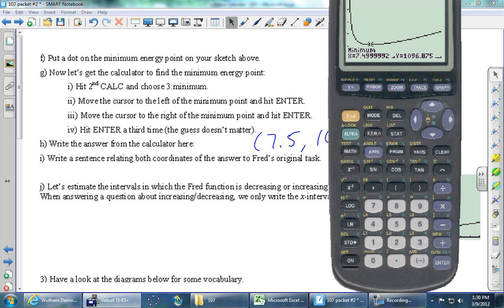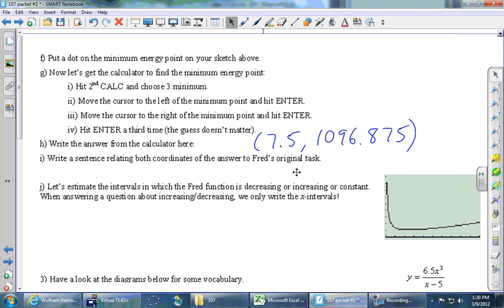Okay, let's try part I. We will go to Serge. Okay, can you guys give me one sentence in plain English that has both of those numbers in the problem?